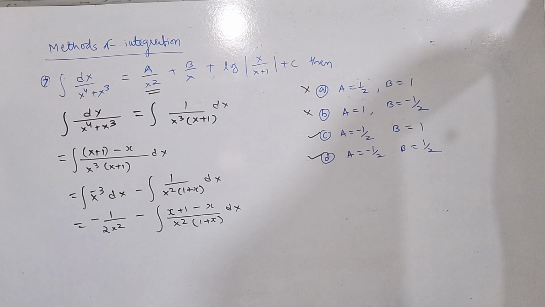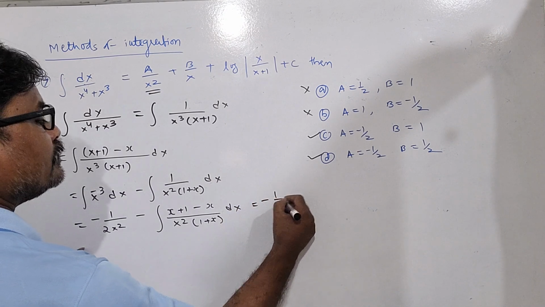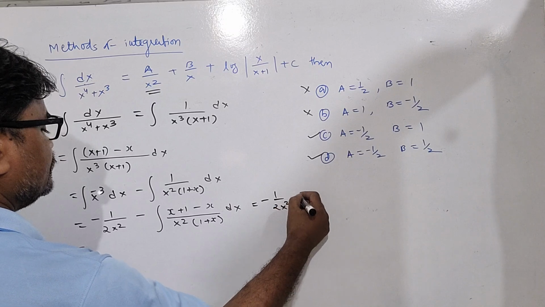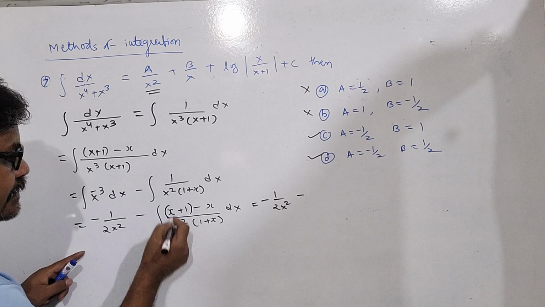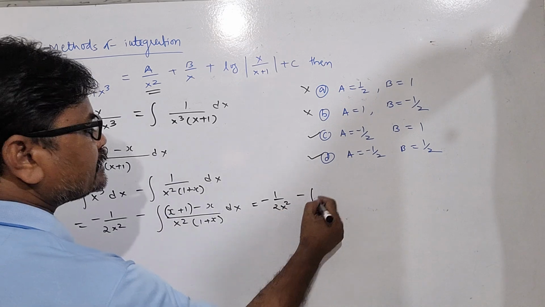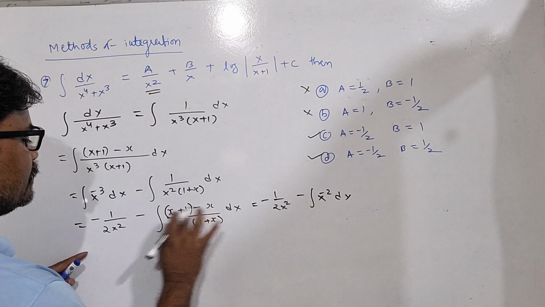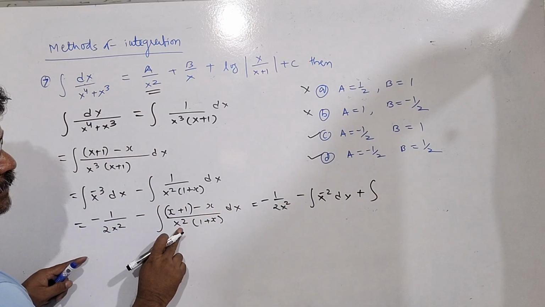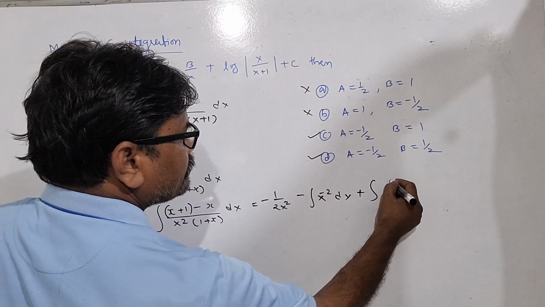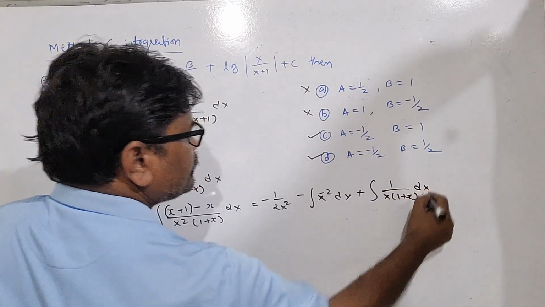Correct. So therefore this is what minus 1 upon 2x square is okay. This is 1 plus x, 1 plus x. So integration of 1 upon x square, so minus integration of x to the power minus 2 dx. This minus minus become plus, and in this integration x will get cancelled out here. So this is what 1 upon x into 1 plus x dx. Correct.